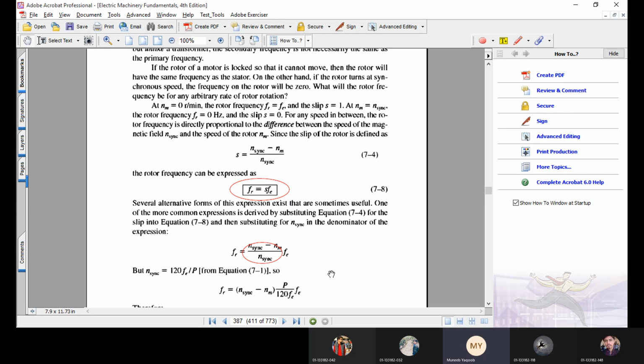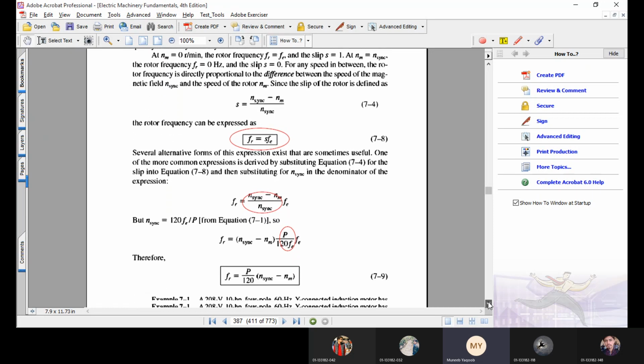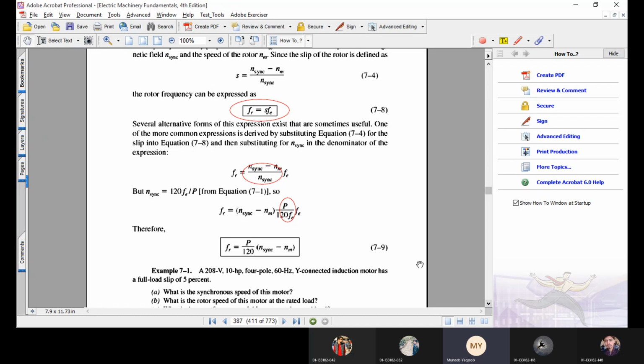Now for n synchronous, if we put 120 fe upon P in the reciprocal manner, the fe will cancel out with the fe of the numerator, and finally we have another formula for the rotor frequency. This formula is applicable when we have only the synchronous speed, the mechanical speed of rotation, and the number of poles of the induction motor. So these were some mathematical manipulations and equations related to induction motors.